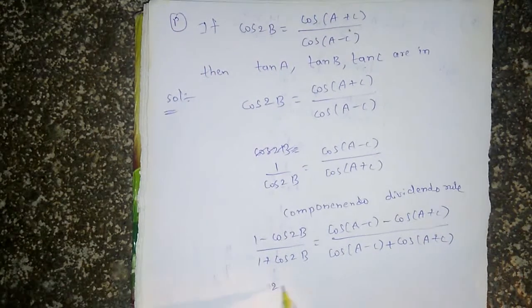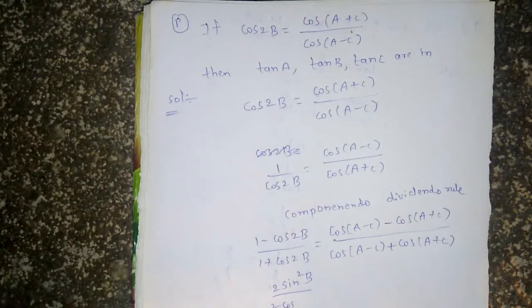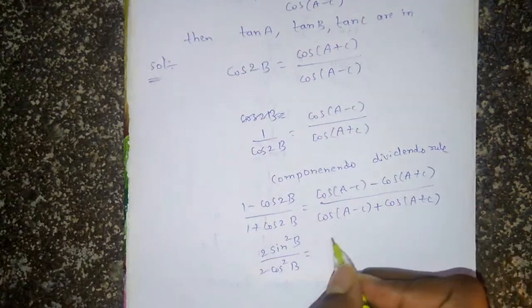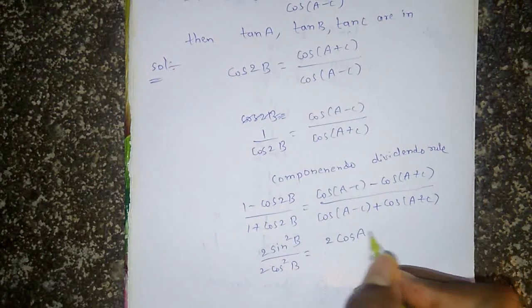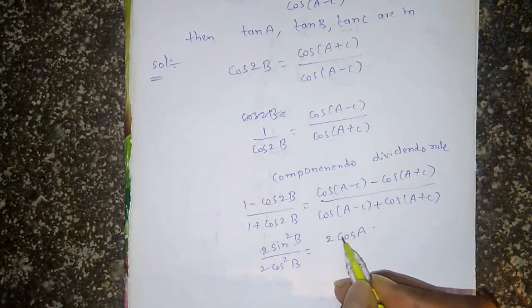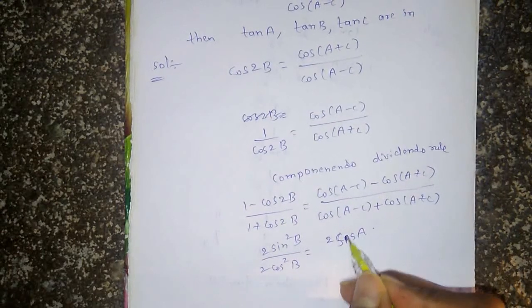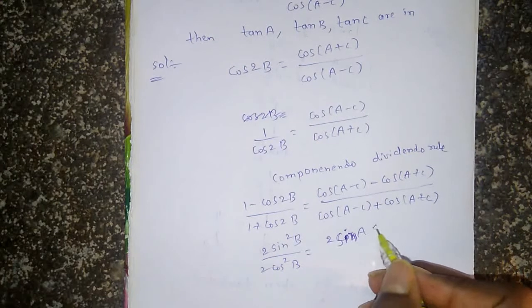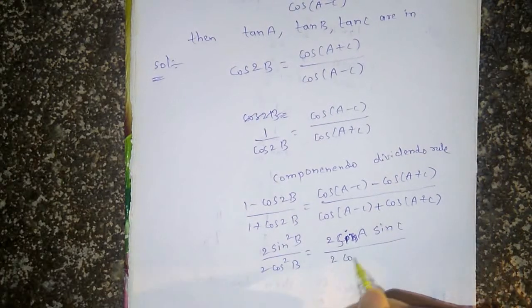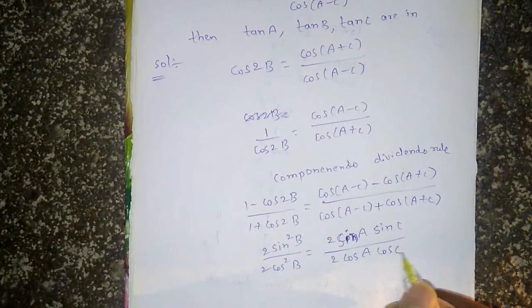So this is 2 sin square b by 2 cos square b is equal to, using transformation formulas, cos of a minus c minus cos of a plus c. Here minus is there, so you will get sines, 2 sin a sin c by, here plus is there, so you will get 2 cos a cos c.